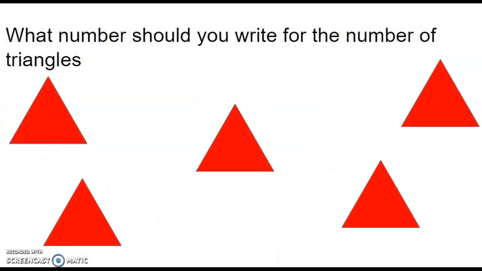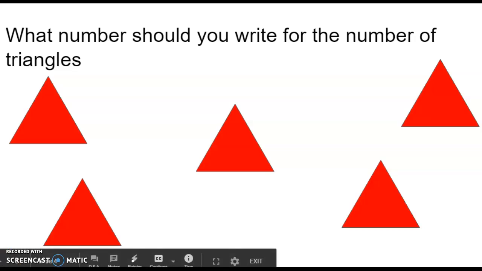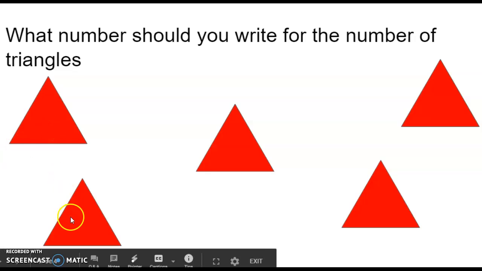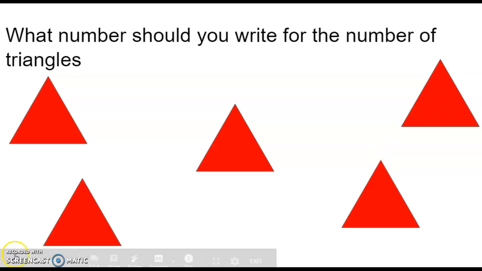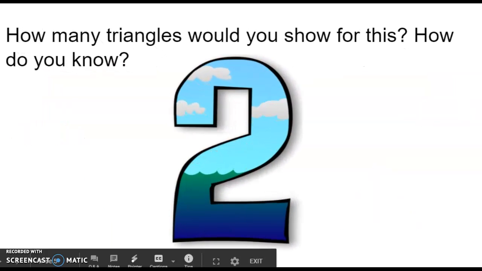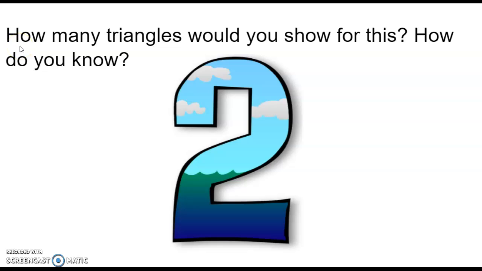Look at this group of triangles. How many triangles do you see? Count them. If you said 1, 2, 3, 4, 5, write again. Now, if I were to ask you, how many triangles would you show for this number?